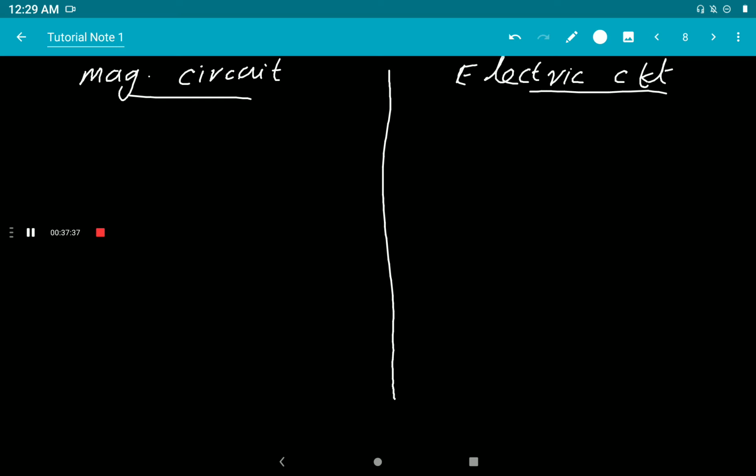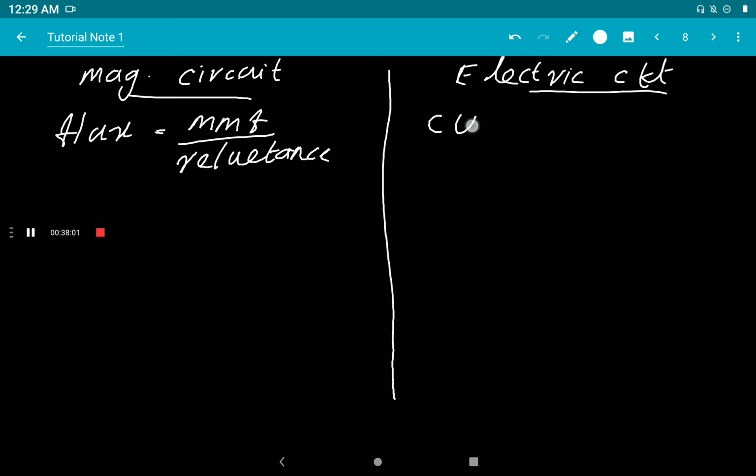First term we have studied in magnetic circuit is magnetic flux, which is equal to MMF, magnetomotive force, divided by reluctance. This ratio of MMF by reluctance is similar to the term current in electrical circuit.